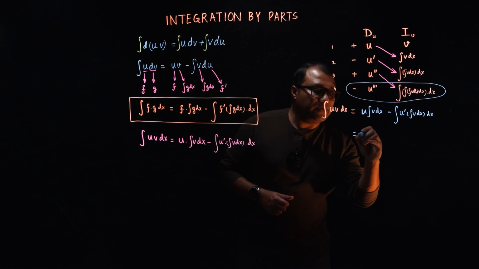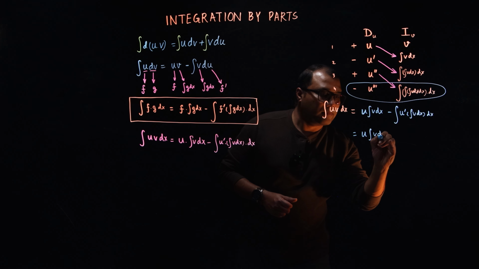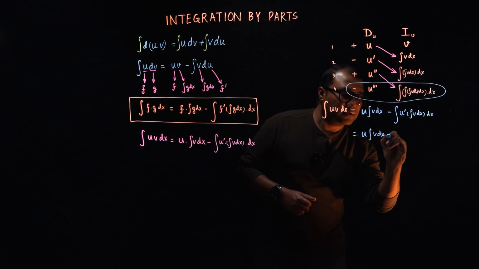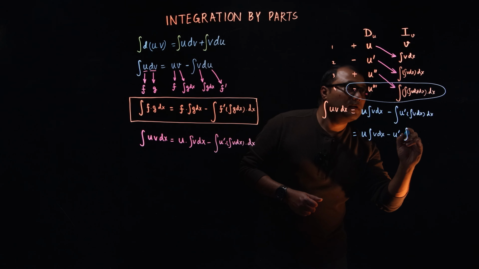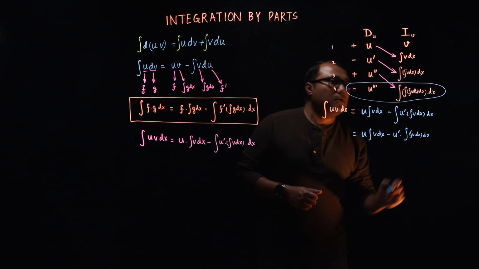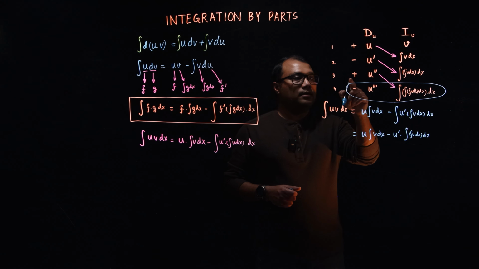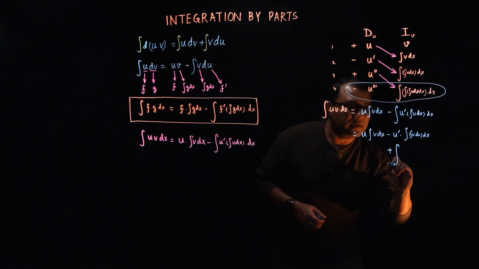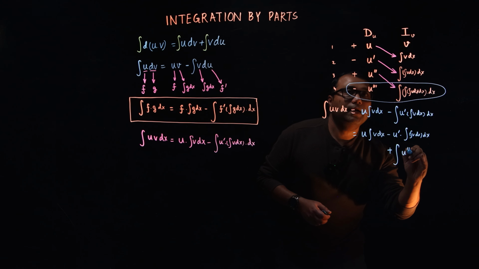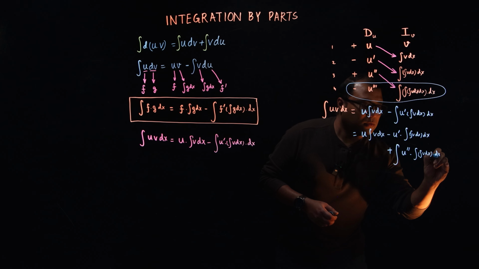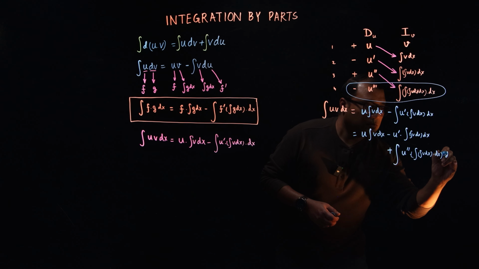U times integral v dx, minus u prime times this, plus the product of this integral, plus integral u double prime times dx.